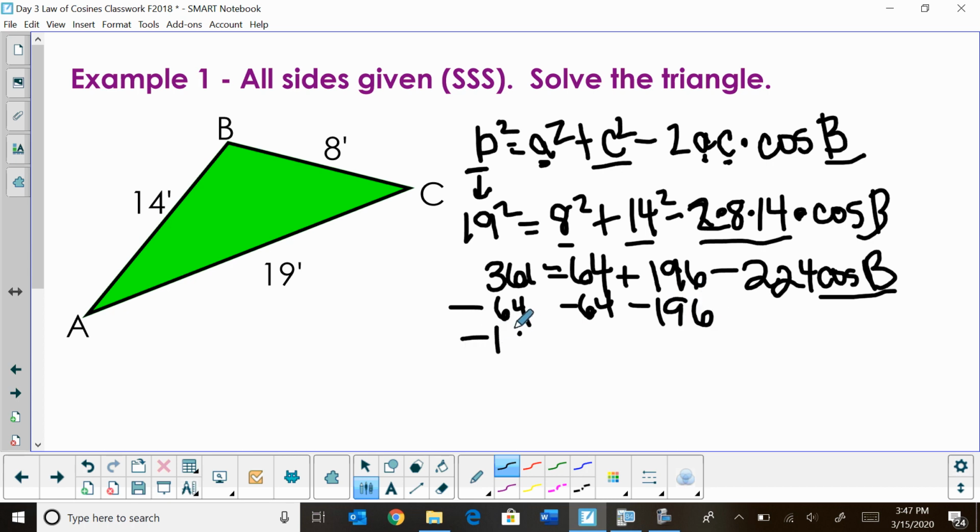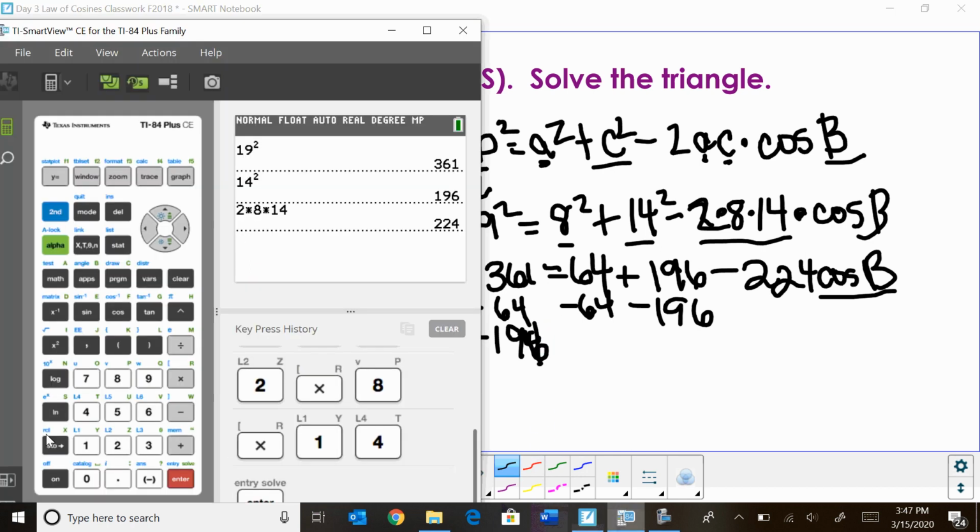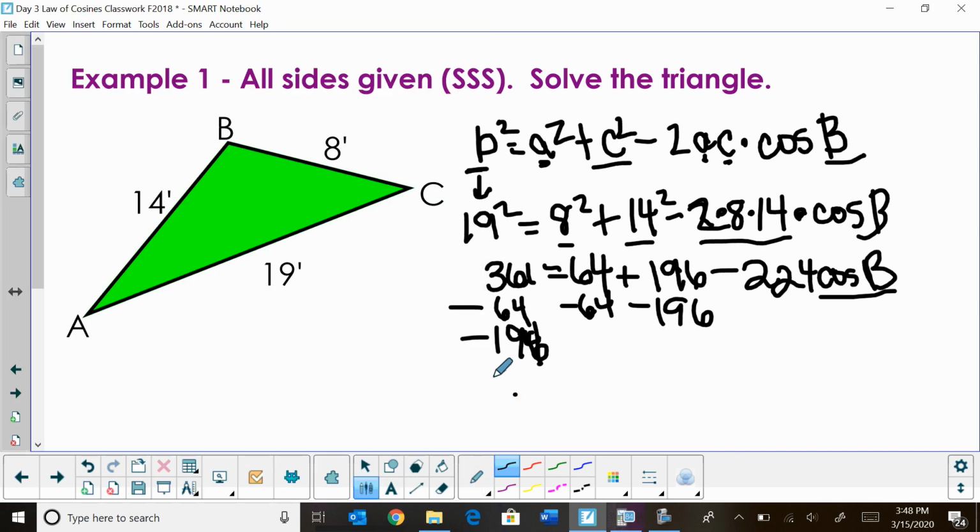So let's take 361 minus 64 minus 196, and that gives us 101. So we have 101 is equal to negative, don't forget to bring that negative down, 224 cosine B.